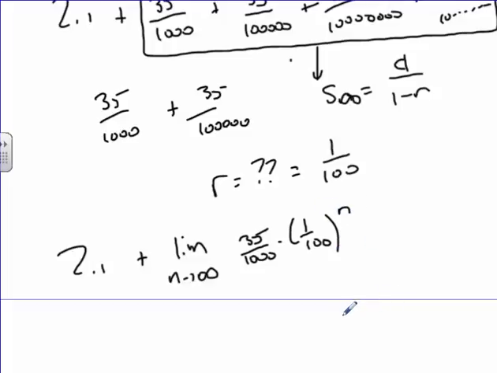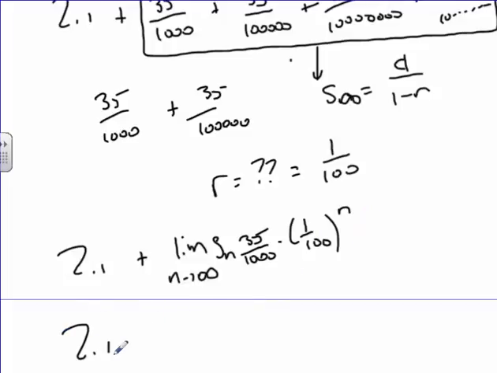That's essentially what we have here. Just pause for a second to ponder this. Your first term is 35 over 1,000. I should say this is the sum of this, so I need to have S_n notation in there as well. You're taking, as n approaches infinity, the sum of 35 over 1,000 times 1/100, and you're doing that over and over each time for n.